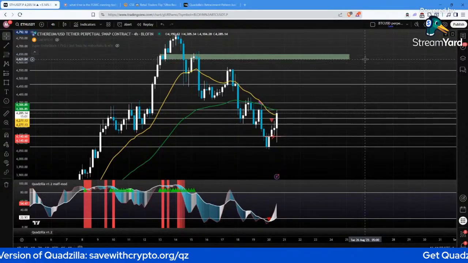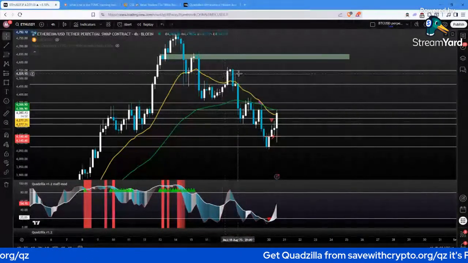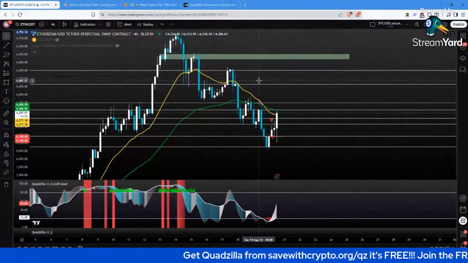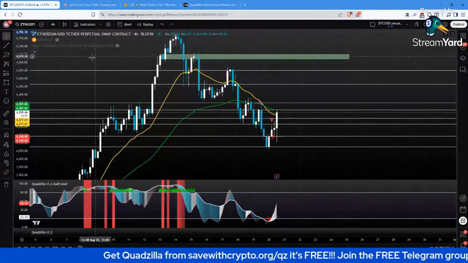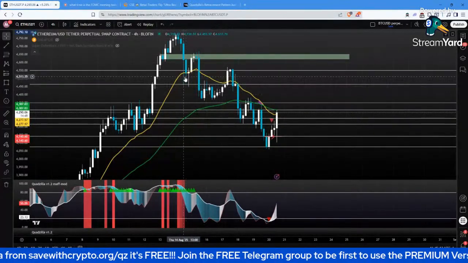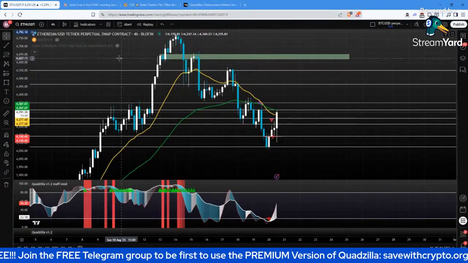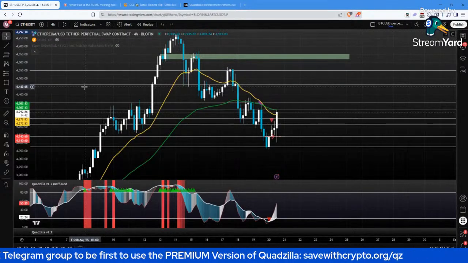Because order blocks and fair value gaps, you can usually just see them anyway on a chart, but having something that draws them in automatically is quite useful. So what I tend to do is have it switched on for a little while, and then switch it off again because it does obscure things a bit.